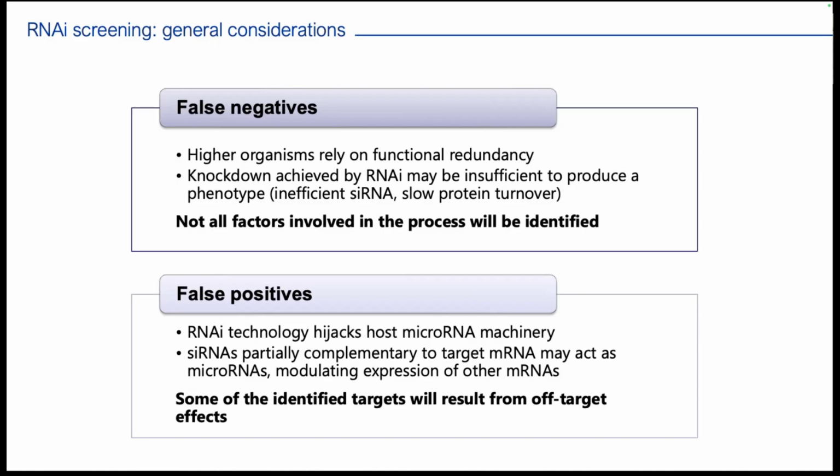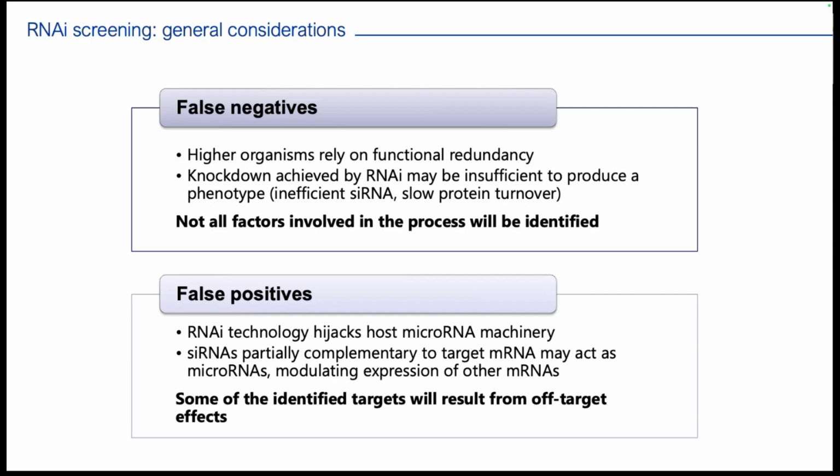So you will have false negatives, not because the proteins are not important, but because there is functional redundancy. The other source of false negatives is inefficient silencing. It may be that the residual levels of the gene are sufficient to allow for some protein production that is sufficient. And so the consequence of this is that not all factors that are involved in any given process will be identified.